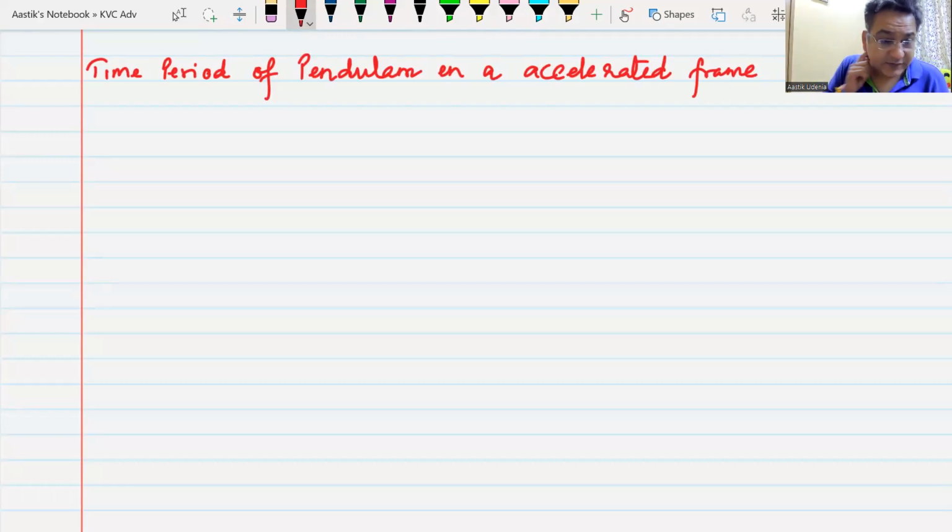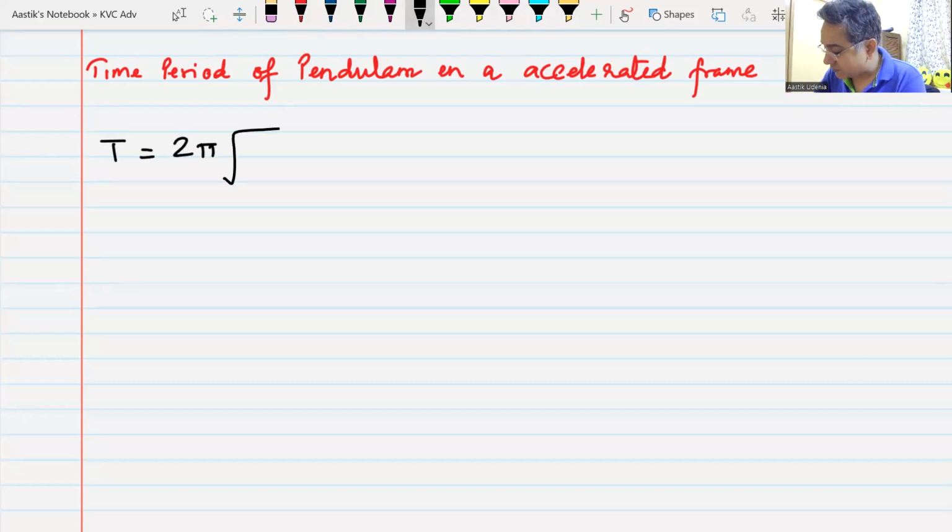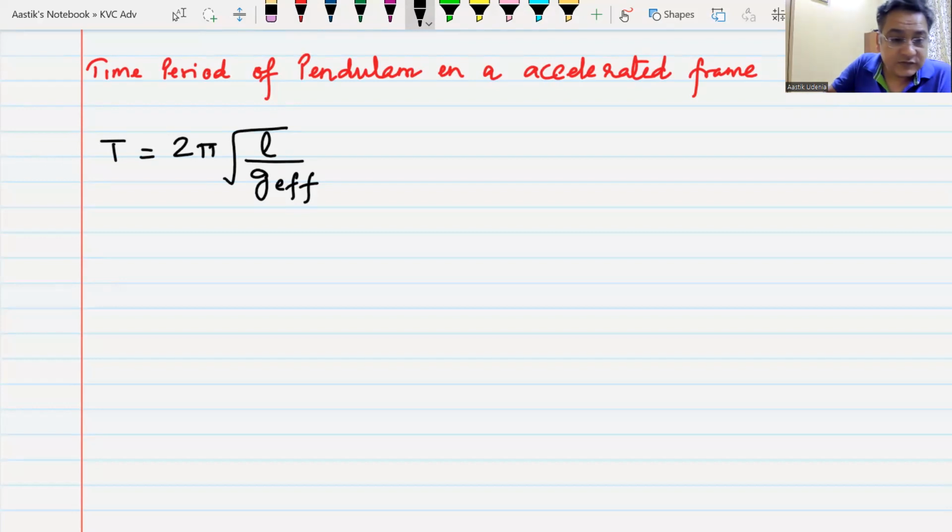Time period of a pendulum in an accelerated frame. Now, in an accelerated frame, you can find out the time period of the pendulum using this formula. Do we remember this formula, G effective? Yes, sir, or no, sir? You can find out using this formula, G effective.